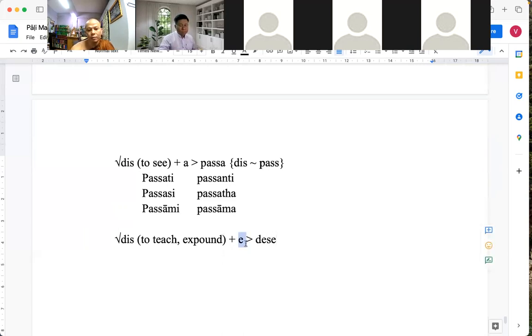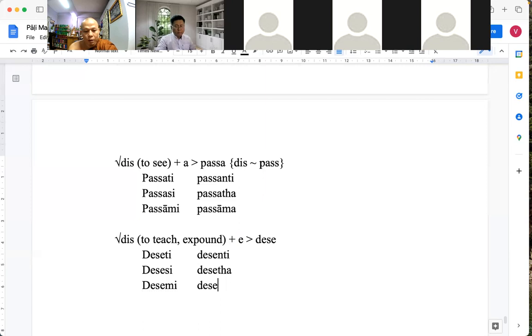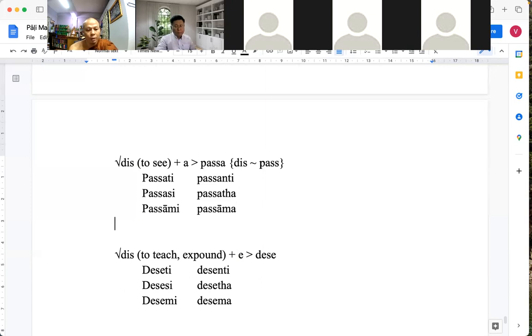So applying sign A, the root vowel changes to the E, that is dese. So dese, desesi, desenti, desetha, desemi, desema.